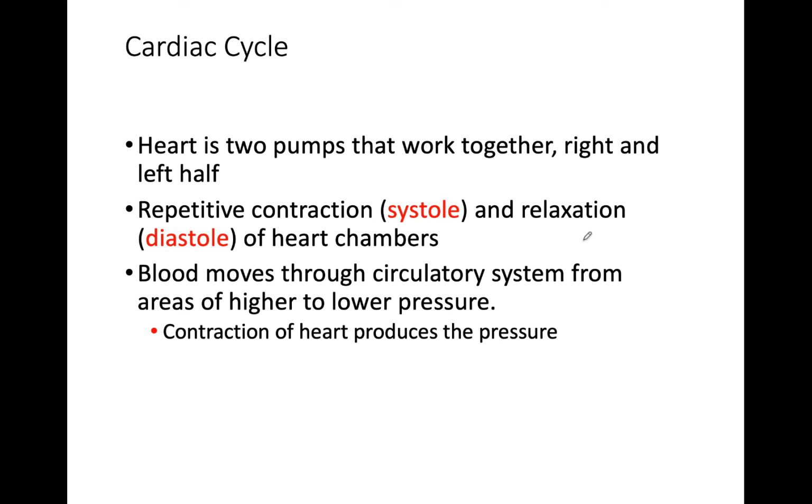Now, we have repetitive contractions, and every time the ventricle contracts, that high voltage, high pressure contraction is called systole, and then the relaxation of the ventricle is called diastole. That blood will eventually move out of the aorta all the way towards the rest of the system, slowly moving down its pressure gradient.